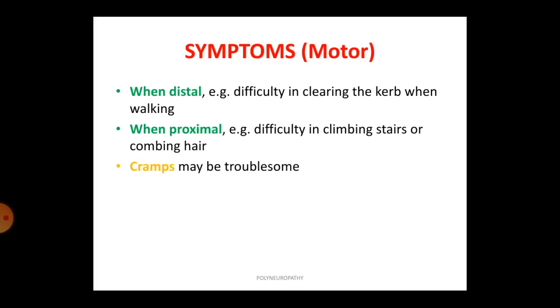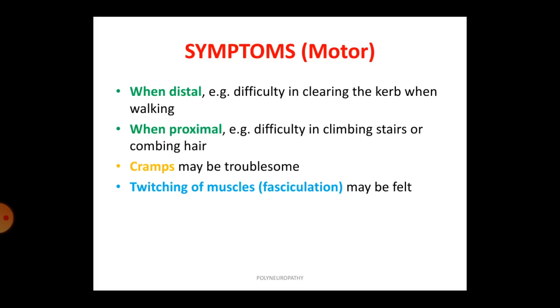Cramps may be troublesome. Cramps are a type of involuntary contraction. Generally they are found more in the calf region, and more in patients having tightness of the muscle. So there is sustained involuntary contraction that is very difficult to relax. Then twitching of the muscle is known as fasciculation.